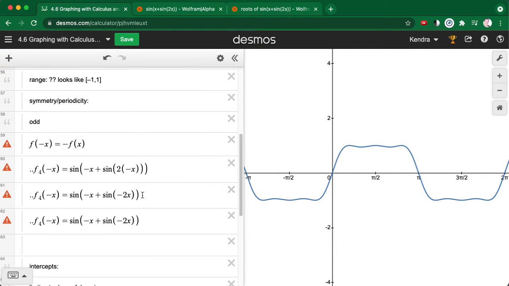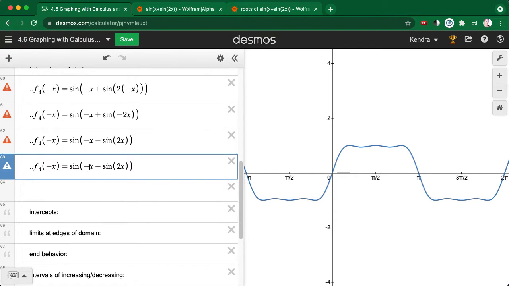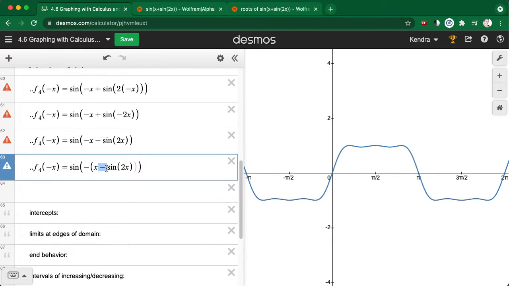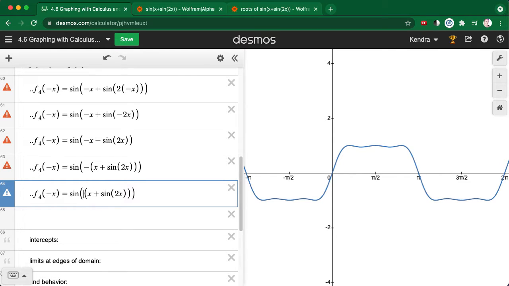And this is sine of a negative of something. Since sine is odd, I can change that to the negative of the sine of 2x. And I see a negative in both of these terms, so factoring out that negative, this is the negative of sine of x plus sine of 2x. And now I have sine of negative something, since sine is an odd function, I can say this is the negative of that sine of something.